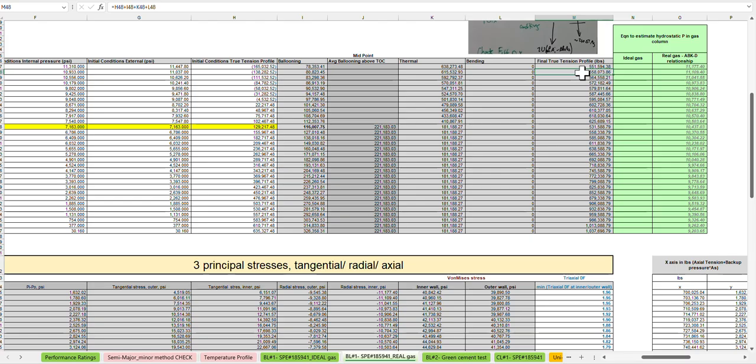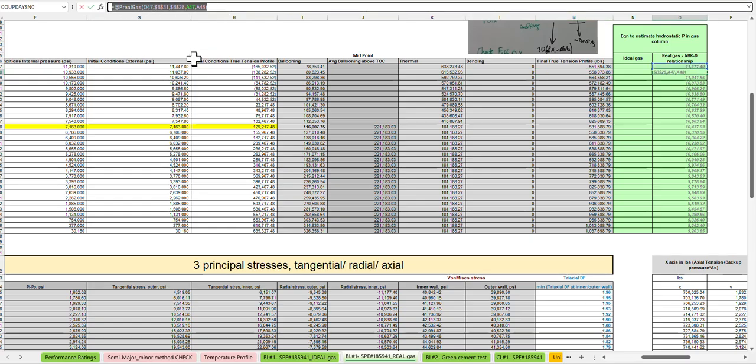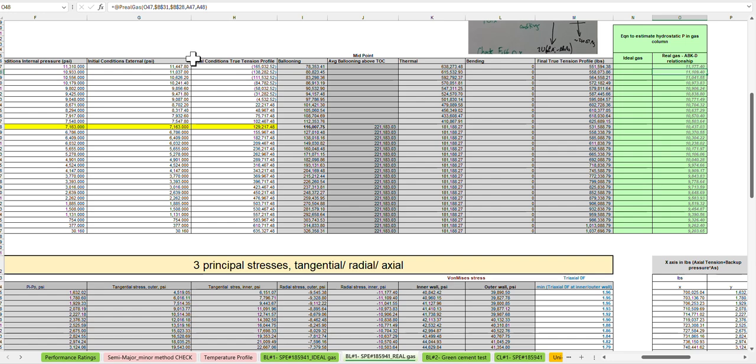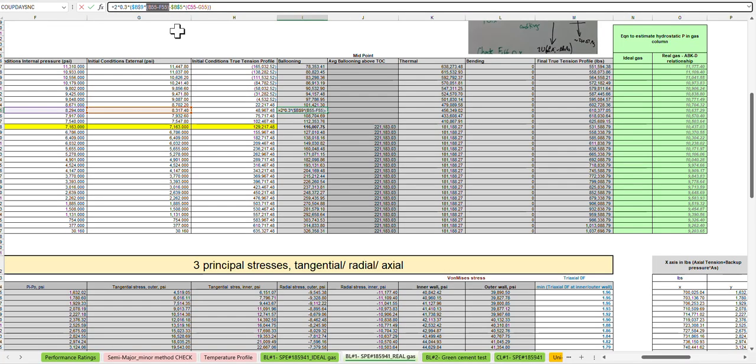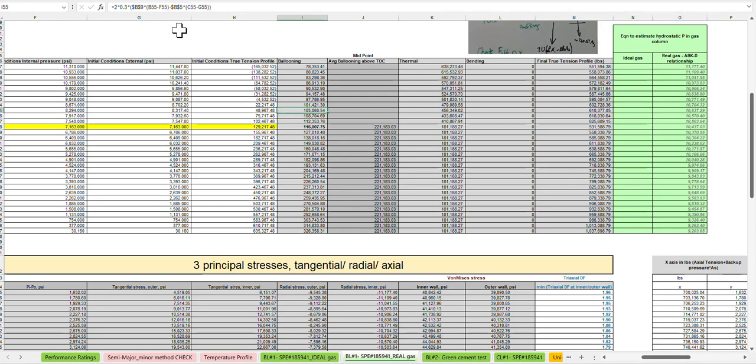For the internal pressure, as I mentioned, I use this function to find it from the macro. Because your pressure is different, your internal differential pressure is going to be different, and it also results in a different ballooning force, because your internal pressure is different from the initial conditions profile. The initial conditions are exactly the same because we are talking about the same semantic profile.